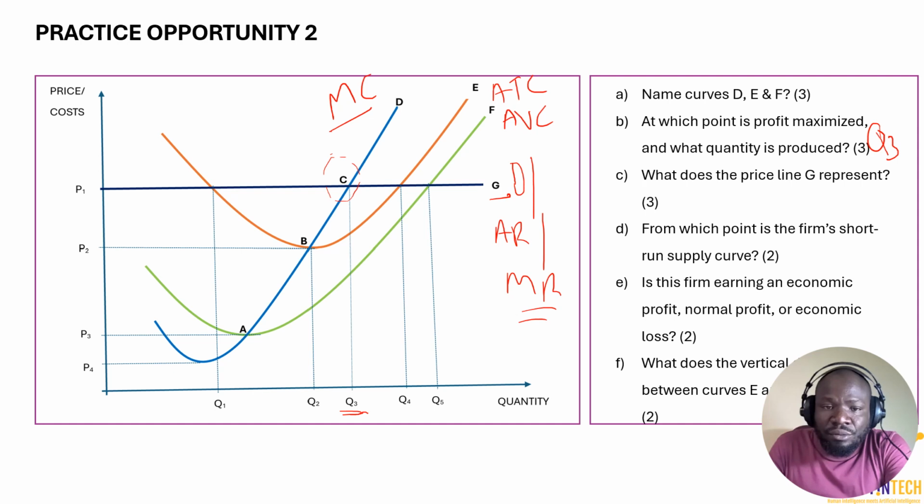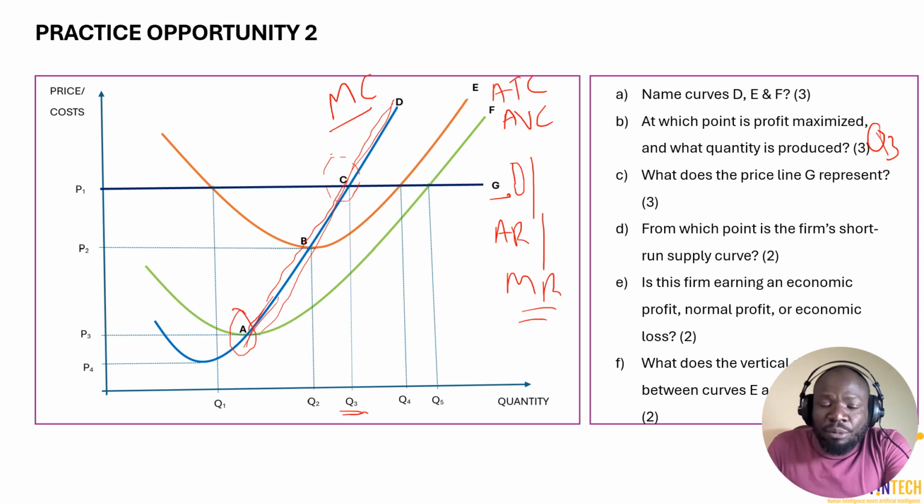We do not produce below the average variable cost. So we're going to produce at this point going up. So from point A going all the way up to point D is the supply. That's the short-run supply curve along the marginal cost, from the minimum point of the average variable cost going all the way up along the marginal cost curve.